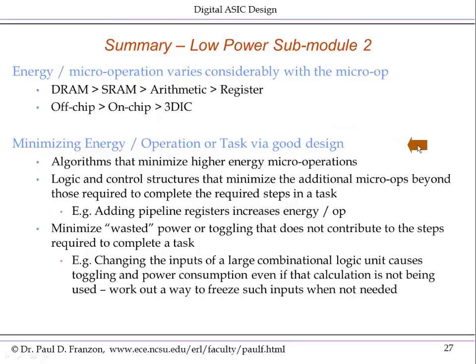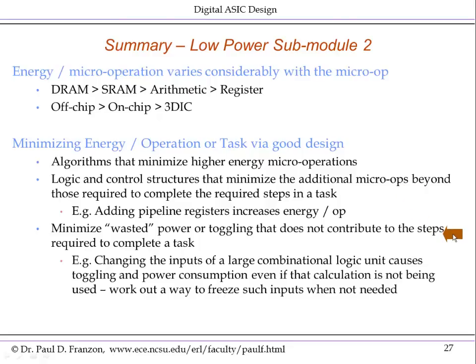And the goal is really to minimize energy per operation or per completed task via a good design: algorithms that minimize higher energy operations, and logic and control structures that minimize overhead operations. If your goal is to be energy efficient, then, for example, don't add pipeline registers. It will slow things down, but you'll have a more energy efficient operation.